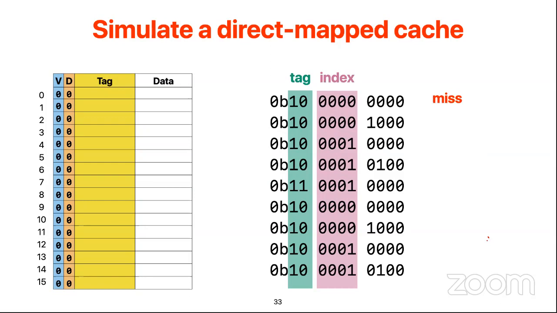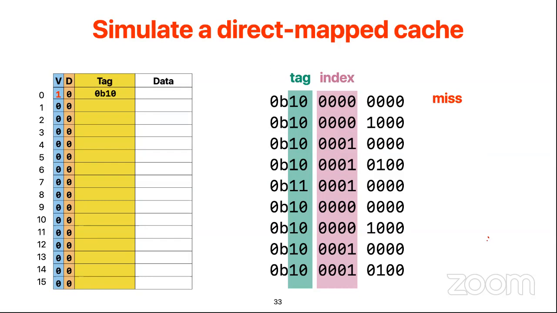It will have the tag 10 and the data. Since this is a 16 byte block, it will contain data with the offset from 0 to 15.